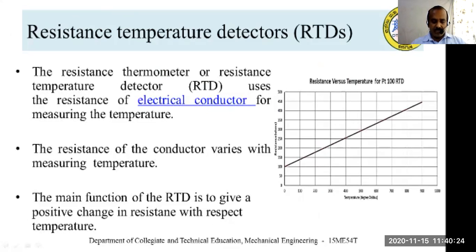It uses change in resistance of the conductor to measure the temperature. The resistance of the conductor varies with temperature as shown here. As the temperature increases, resistance also increases. Thus, it gives a positive change in resistance with respect to the temperature.